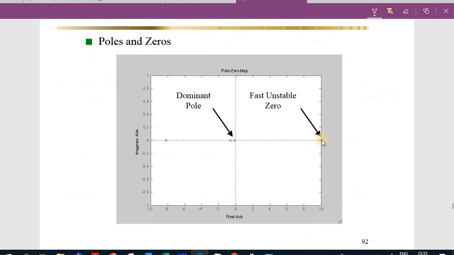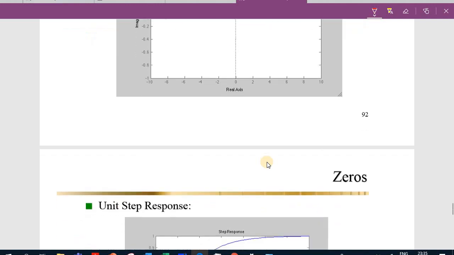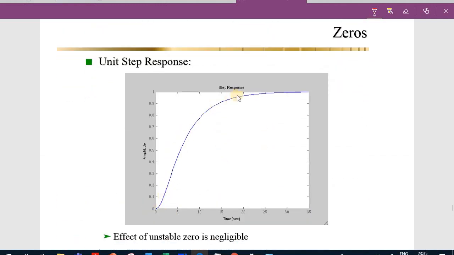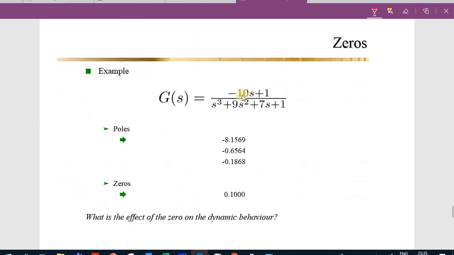And as we say that, you can see how far that zero is compared to the other 3 poles. Again, a very normal response without any undershoot. However, if I have minus 10s plus 1, my zero is equal to plus 0.1, and in this case it is really close to the closest pole.